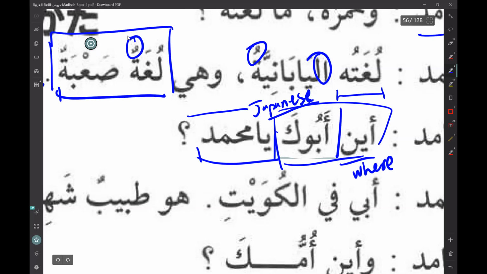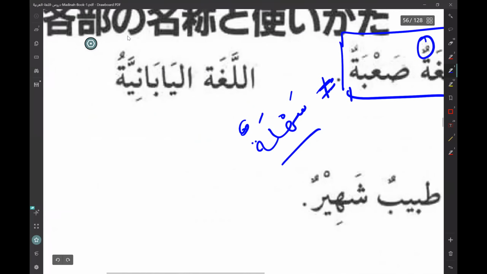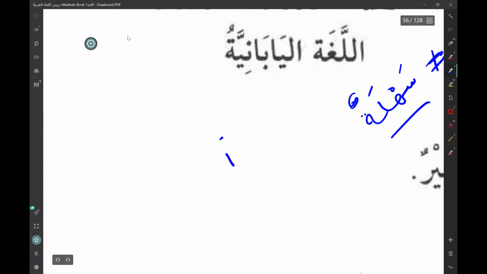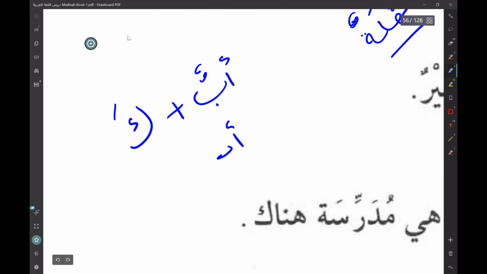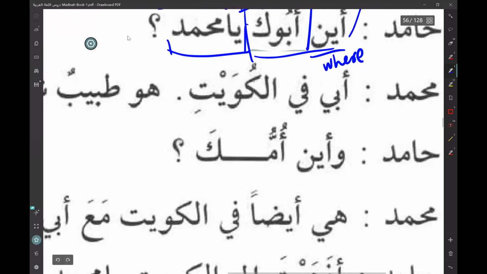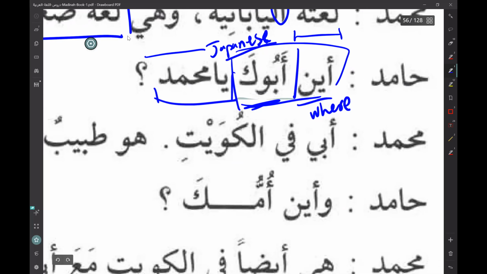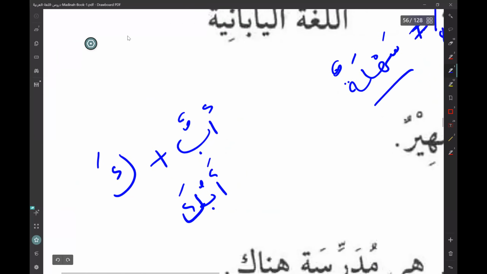This word. Your father. Are you sure? We have Abun, father, right? So we want to say your, which is kaf. So it should be Abuka. But it doesn't say Abuka. It says Abuka.